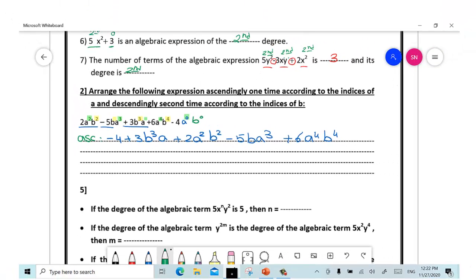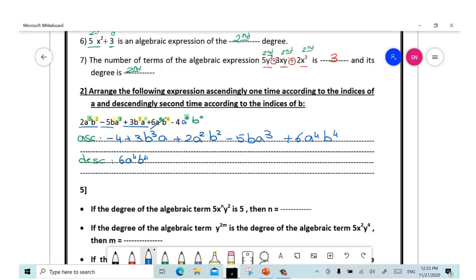Let's go now and start arranging it descendingly. Descending order means from the greatest to the smallest. So the greatest power here goes for b to the power of 4. So the first term I shall put is 6a to the power of 4, b to the power of 4.